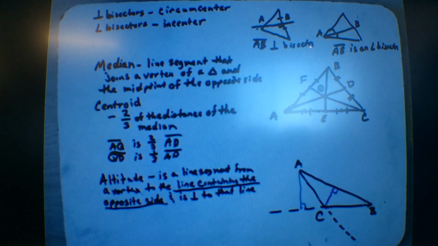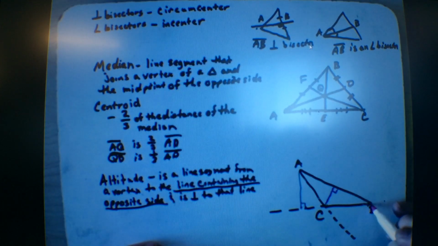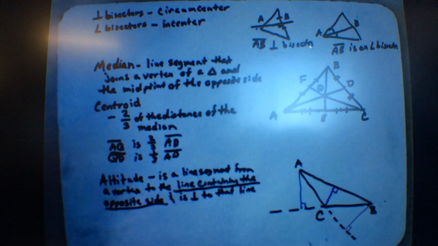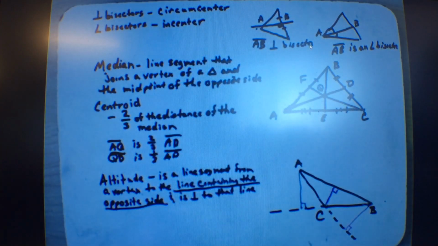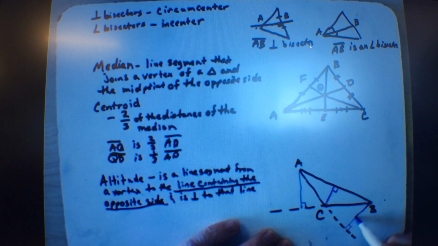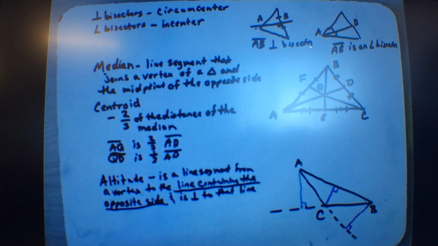Questions? And then I drop this straight down. Oops, I chose the wrong color again. It should be purple. You all see that? So two of the altitudes out of the three are outside the triangle.